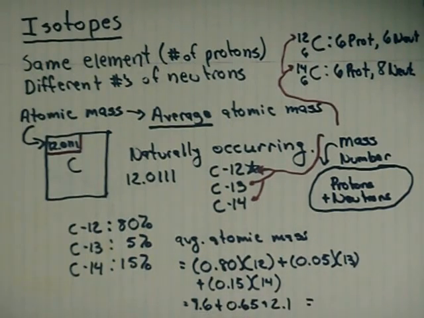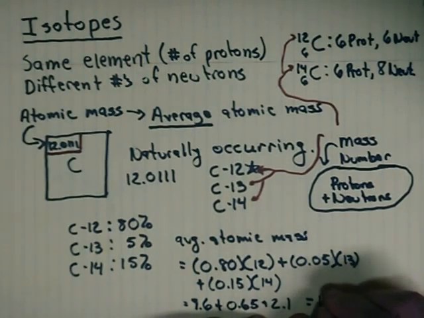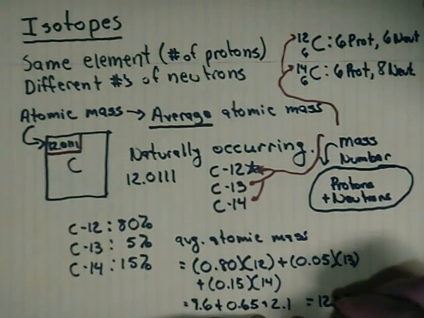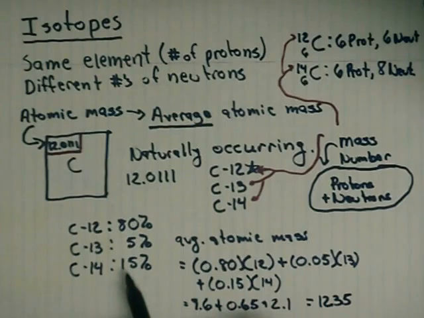And so we add that all together, and we get 12.35. So for these numbers, 80%, 12, 5%, 13, 15%, 14, we end up with a number that's a little bit over 12, still much closer to 12, which makes sense since 80% of it is there.